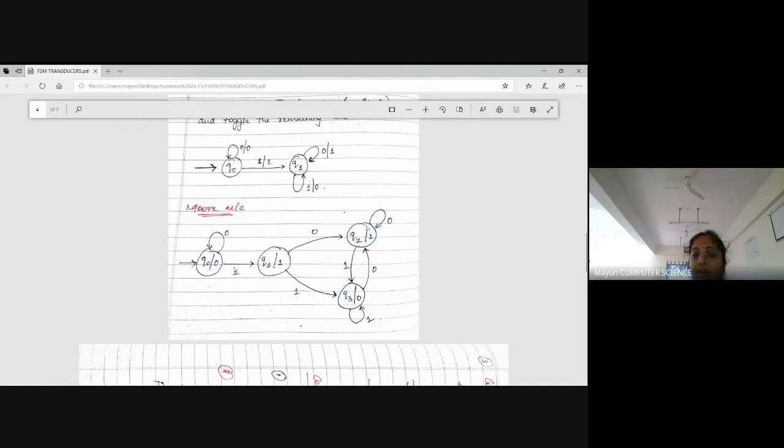If LSB is 1, I have two paths: either I may go for the strings which start with 0, or for the strings which start with 1. If my LSB is 1, it means my input is 1, so my output also has to be 1, so the state is Q1. I cannot give two different outputs for a single state, so I have taken two different states here, Q0 and Q1.